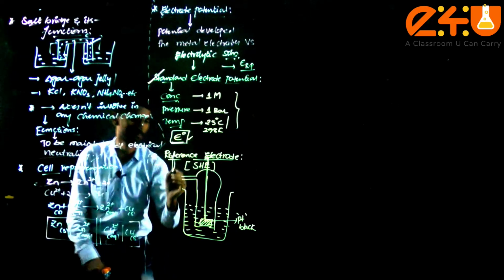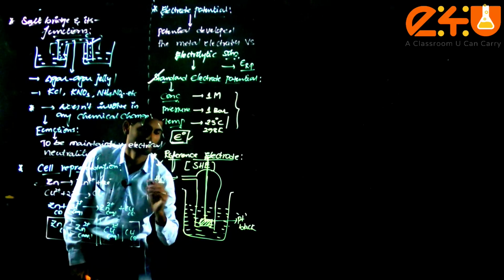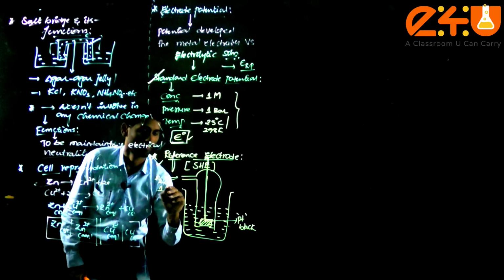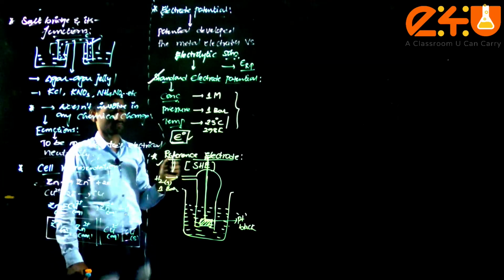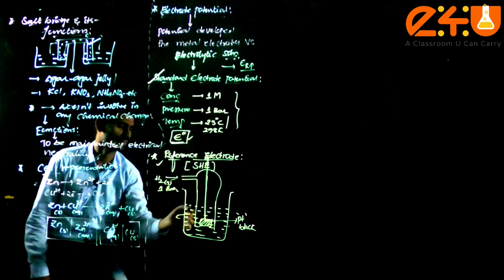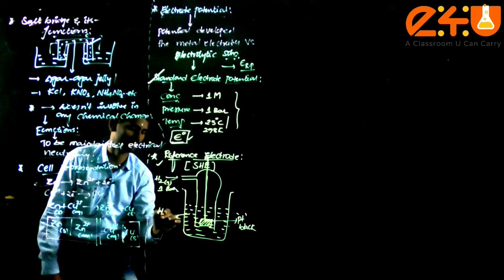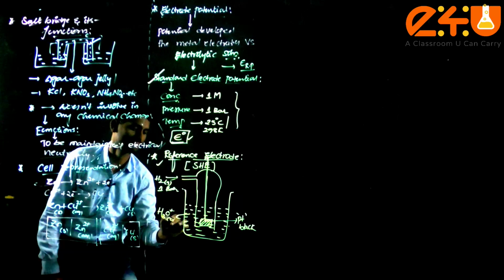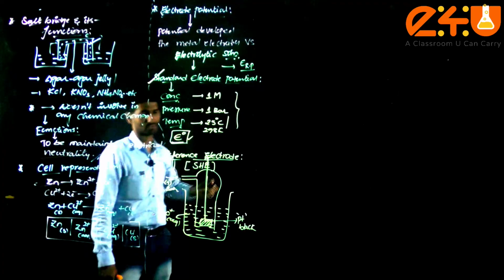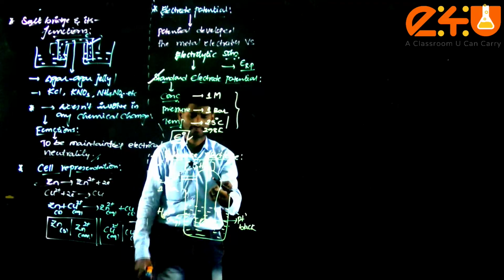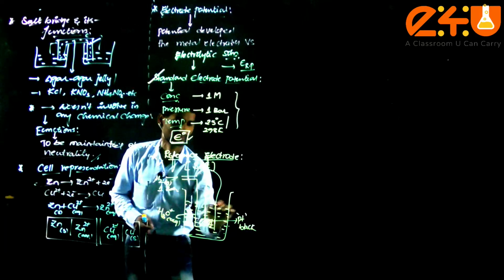Now I am passing hydrogen gas at 1 bar pressure. Consider these are water molecules. Water is aqueous, and after absorbing H plus it becomes H3O plus. This is aqueous, dear students. Understood? Now this is the general representation of this electrode.